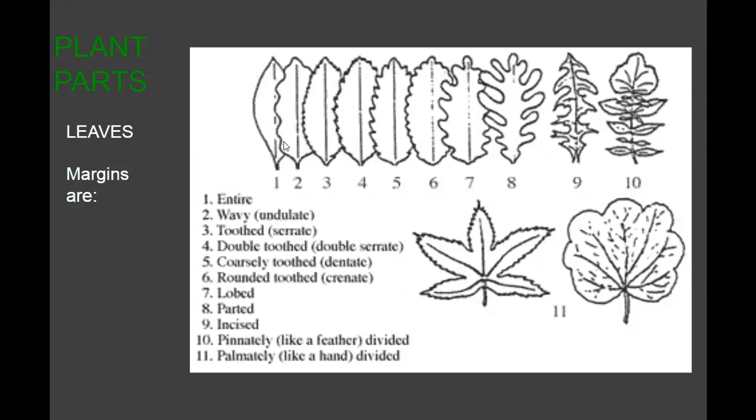And then tooth, we see a lot of this in a lot of our species. Tooth margins have little indentations and notches, and that breaks down into sub-margins of varying degrees of being toothed. You've got double, coarsely, crenate, incised, number 9.